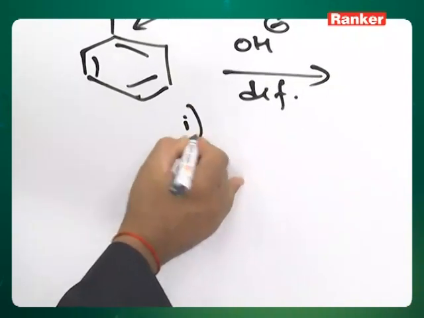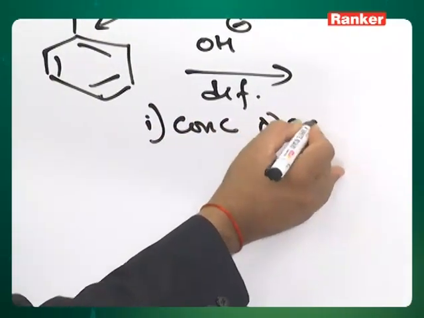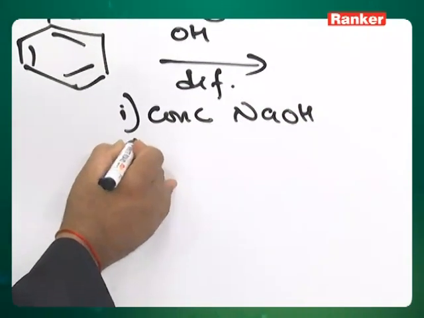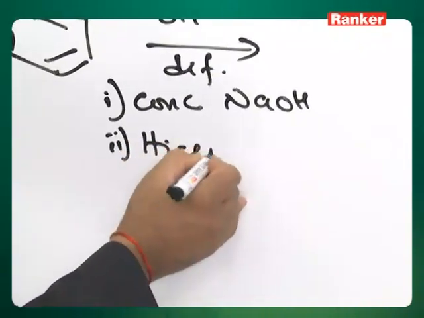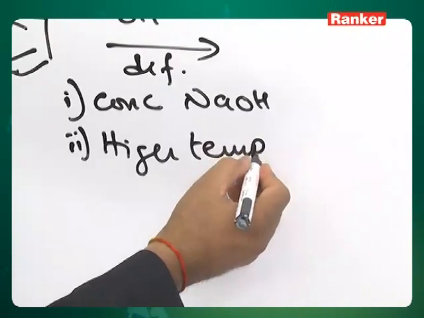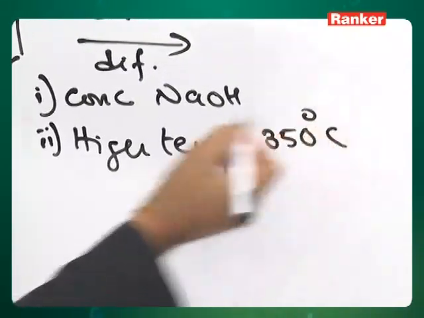First is high concentration, concentrated NaOH or KOH is required. Second condition, high temperature, around 350 degrees centigrade is required.